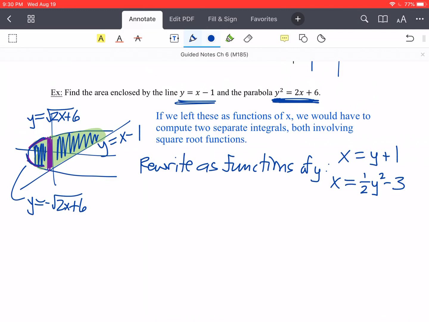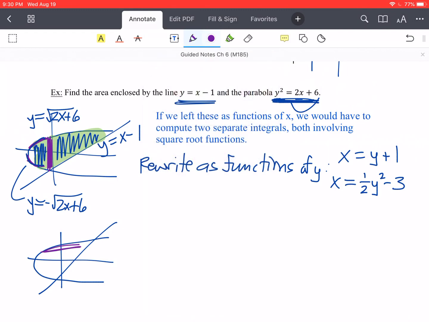So move the 6 over and then divide by the 2. So we can use those instead of using the functions of x. So what that gives us is something like this.